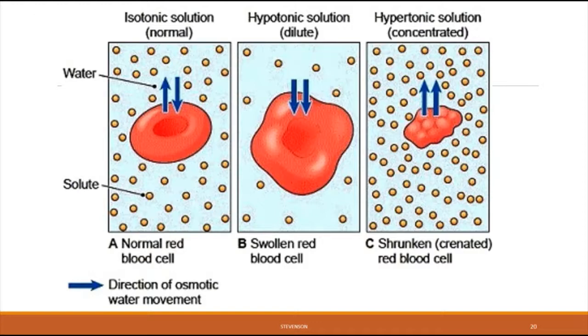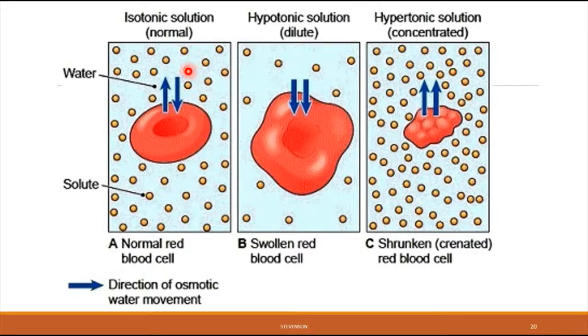In the left-hand panel, we can see something represented called an isotonic solution. The prefix iso means equal, and so an isotonic solution describes a cell that is bathed in a water solution where there is an equivalent concentration of particles outside of the cell as there is inside of the cell.